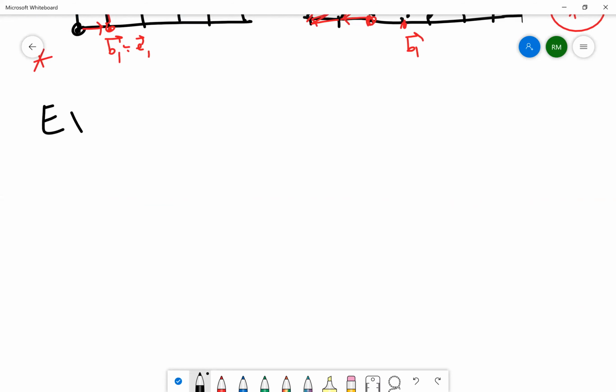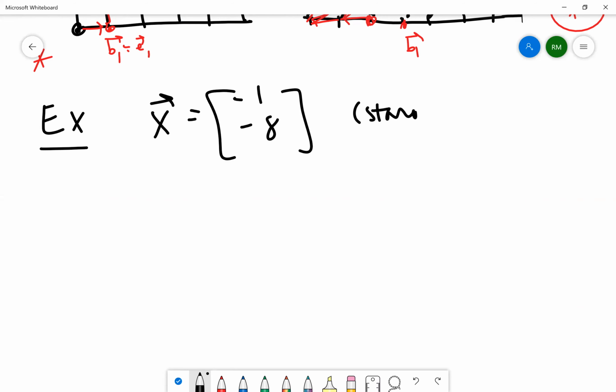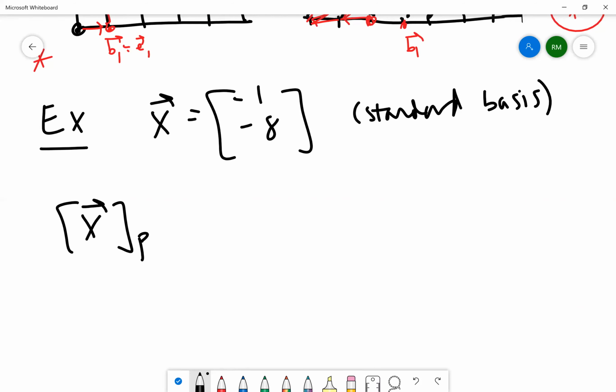So using the same basis as before, I'm going to let our vector x equal the vector -1, -8. This is using the standard basis. And now I want you to pause the video and see if you can calculate what x beta is. Those are the beta coordinates. So to remind you, this means that you want to solve the equation right here.